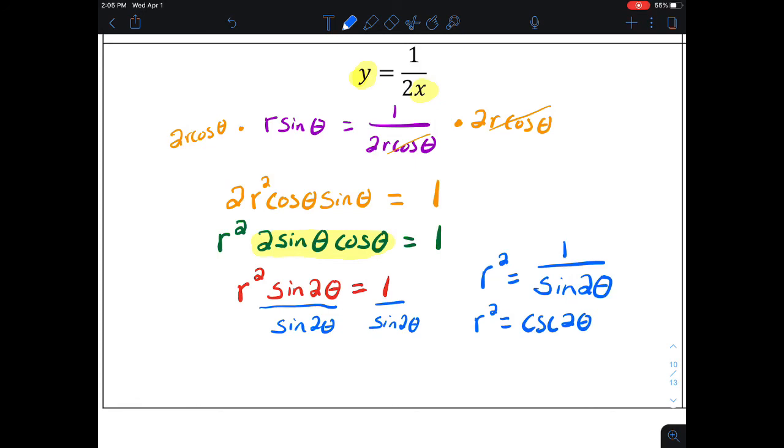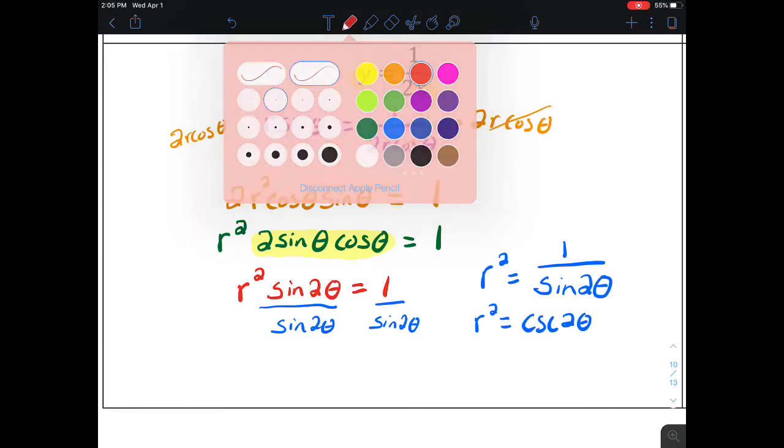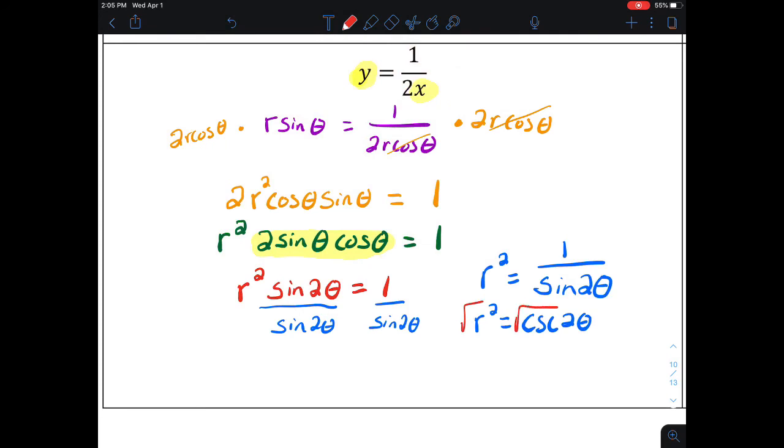And from here, we could take the square root of both sides and say that r is equal to the square root of cosecant of 2 times theta.